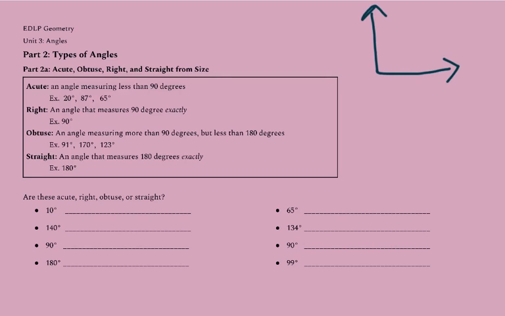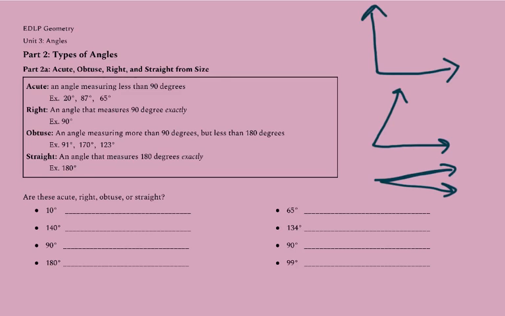But it looks, essentially forms like a corner, like a perfect corner. Anything thinner than that is an acute angle. So even if it just goes like a little bit or a lot of bit, those are all examples of acute angles. But we know that their measures need to be less than 90.